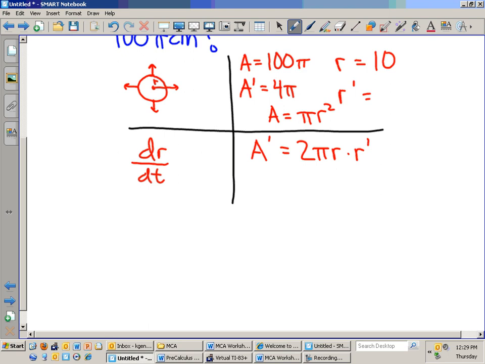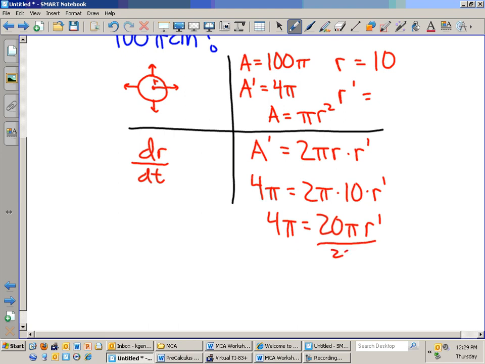Remember, we just did implicit differentiation because we are taking the derivative with respect to t. Therefore, we have to attach an A prime or r prime to everything. Do we know A prime? What is it? 4 pi equals 2 pi times 10 times r prime, or 4 pi is equal to 20 pi times r prime.